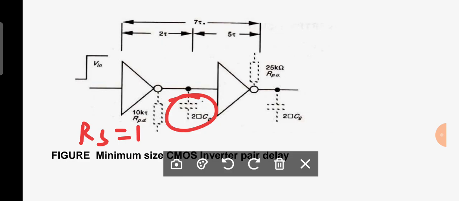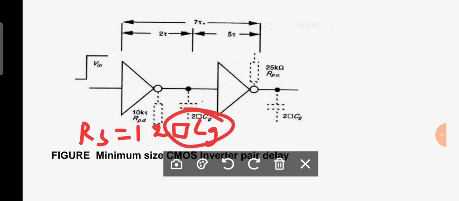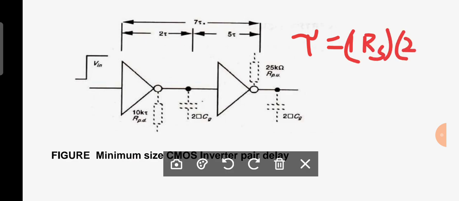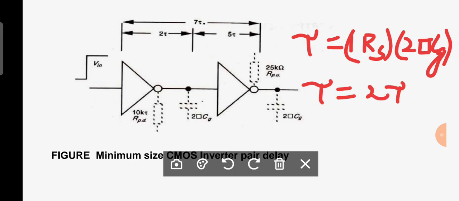And what is the gate capacitance you are having? 2 into the standard gate capacitance. Therefore, tau is equal to 1 Rs into 2 standard units of gate capacitance, then the delay will be 2 tau. Therefore, the first stage delay is 2 tau.